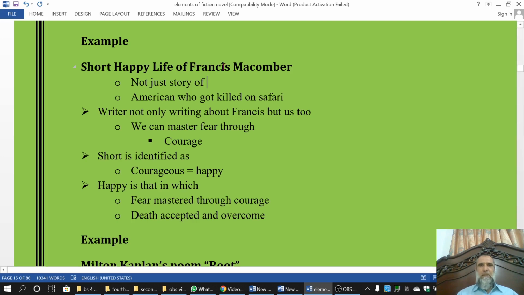In the beginning, he was very much a coward, but later on he became very brave and was shot dead by his own wife. So The Short Happy Life of Francis Macomber is not just a story of an American who got killed on safari. If we say this much, this will be the summary, it will not be the theme. This is not only the story about an American who got killed on safari.